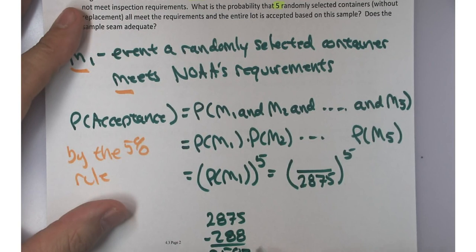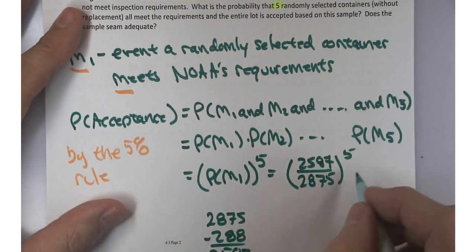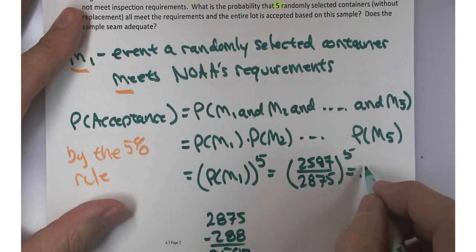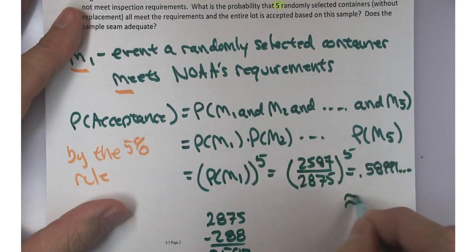So 2,587 over 2,875 raised to the 5th power gives you about 0.58991. Or if I wanted to round that off, 0.5899.